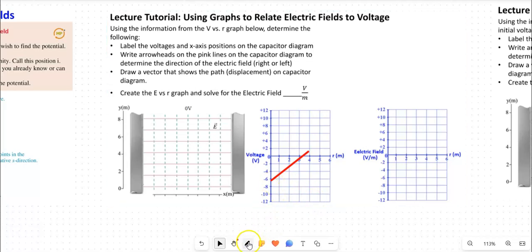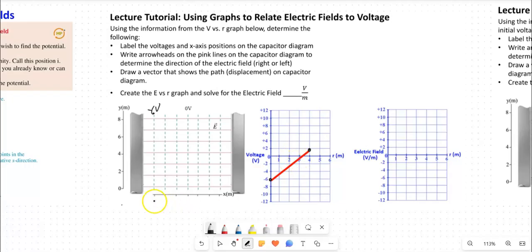So here we have a problem where it looks like it starts off at -6 and ends at +2. Okay, so starting at -6 volts, it ends up at +2 volts, and it's going to take 4 meters to do that. So the first thing we're going to have to do is establish the voltage lines here. I'm going to label this -6 volts, because if you notice, it's moving to the right.